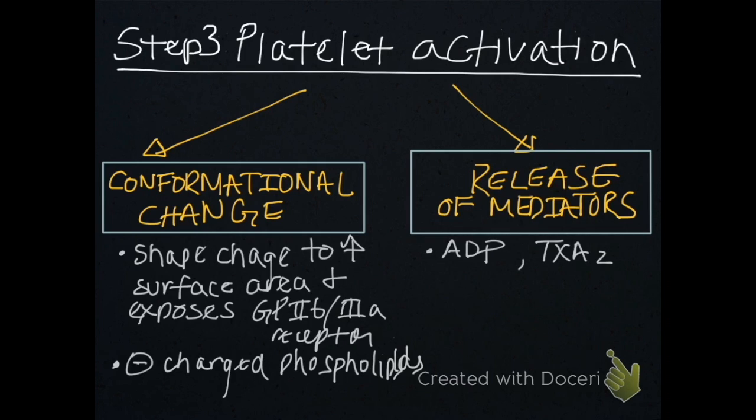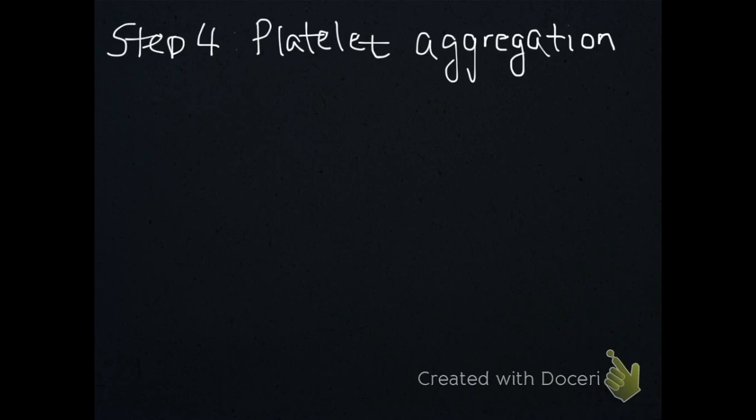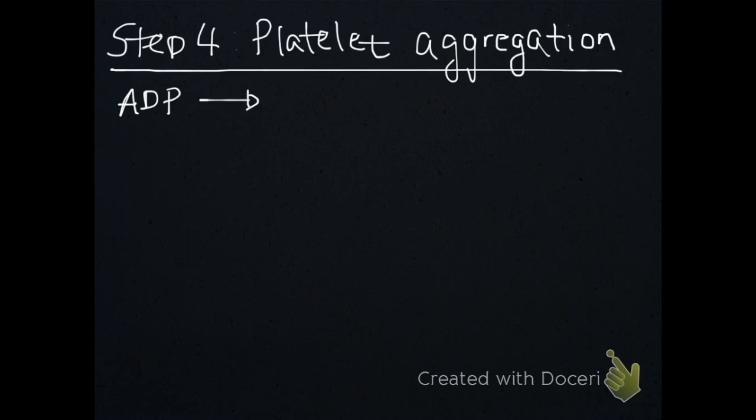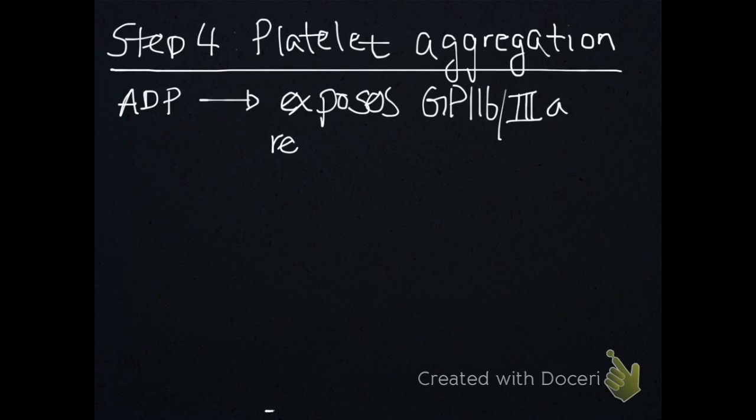So now that we're on step 4, we're starting to talk about platelet aggregation. In the previous step, we mentioned that as far as platelet activation is concerned, there are two major processes, which are the conformational changes and the release of mediators. When it comes to the release of mediators, ADP is an important one. The release of ADP can result in the exposure of the receptor, which is the glycoprotein 2b3a receptor.